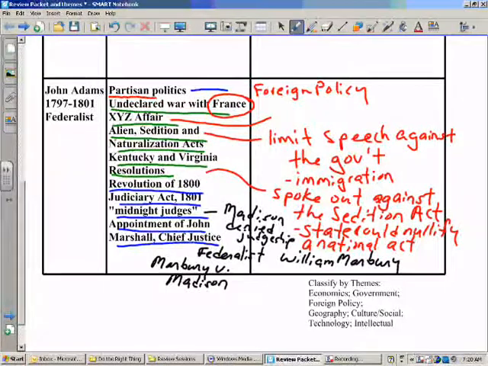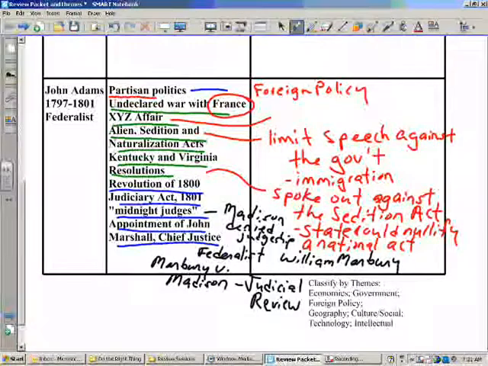This is extremely important because it finally sets a precedent for the judicial branch to have the checks and balances towards the other branches. With judicial review, they get to judge constitutionality of a government action.